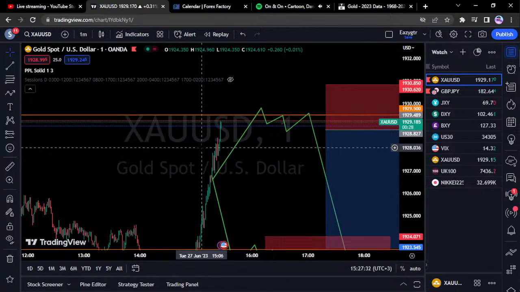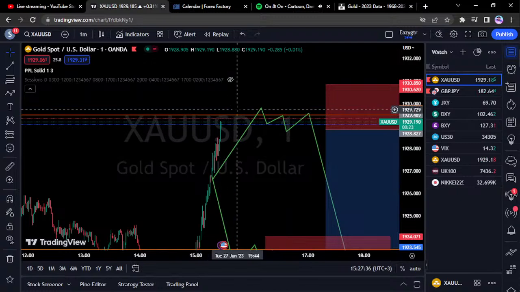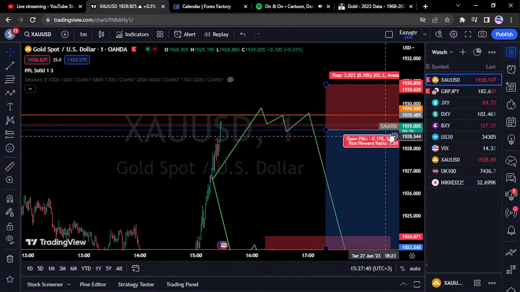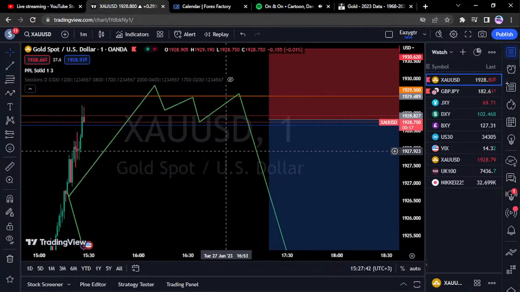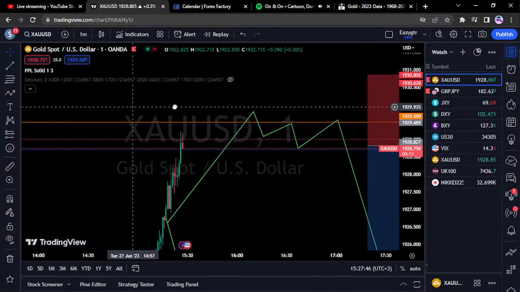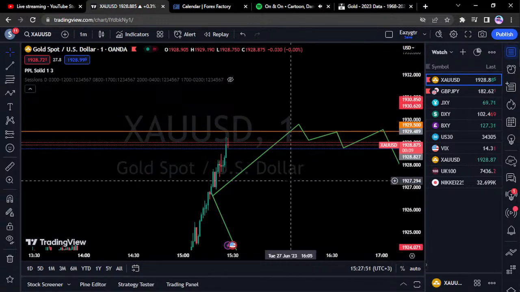Remember, we have to see price action aligning in our favor around the key level before we can execute our sales. There's no need to rush in. If we don't get the setup, we don't get the setup. Absolutely no need for us to force the trade.